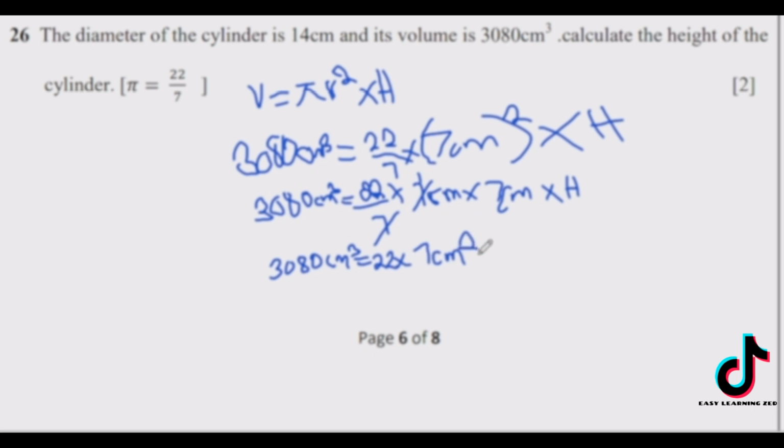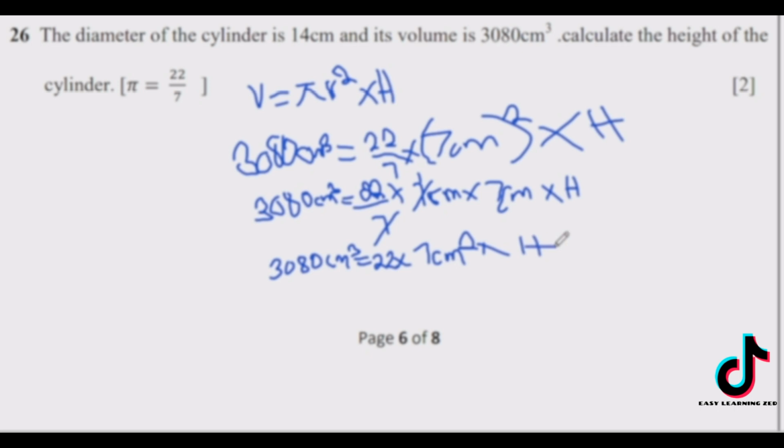We need to be very careful. You don't want to make a mistake like the one I wanted to make. When you're working this one, you can ignore the units, then later put the unit on the answer and make sure you master the units. But if it's in paper 2, you need to show your work and do exactly the same thing I've done. Then times h. Now we have centimeters squared times h.